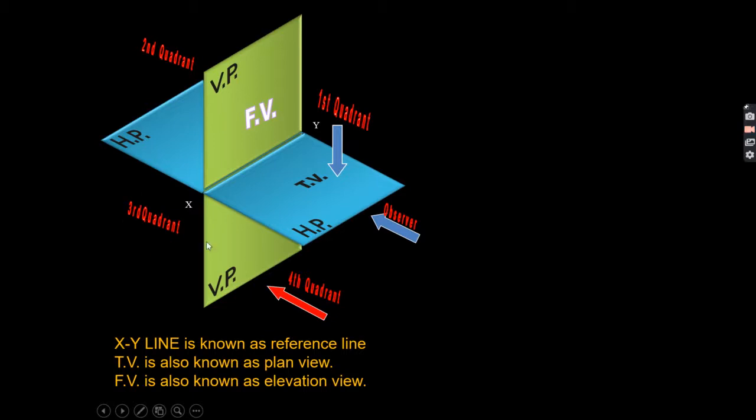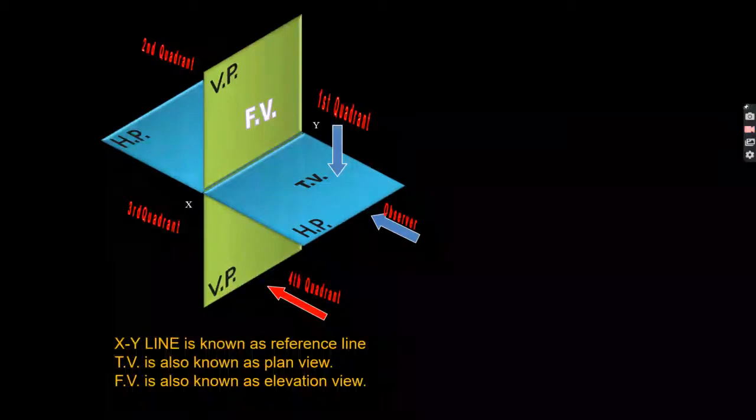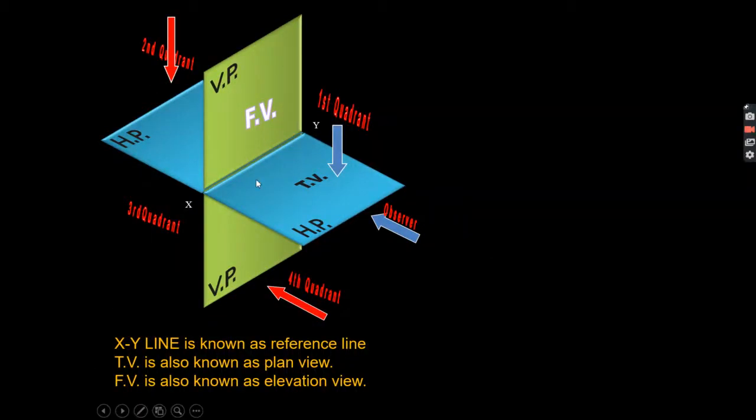To draw the projection, you have to consider this vertical plane as transparent, so you can see the object from here. Similarly, you see the object from the top, so you have to consider the horizontal plane as transparent.